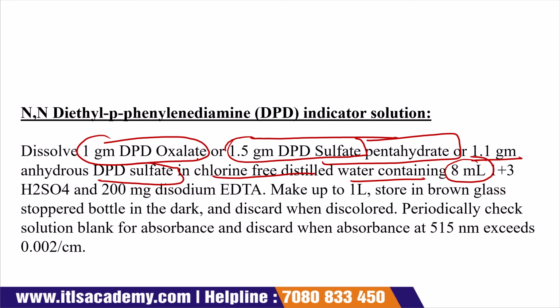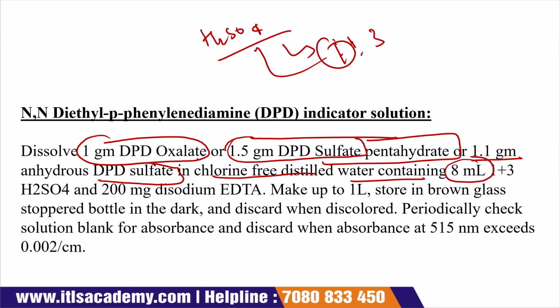Now you have to prepare a dilution of H2SO4 in the ratio of 1:3, which means that if we take 1 ml of H2SO4, then we take 3 ml of distilled water, and along with it we take 200 milligram of sodium EDTA. Then we make up the volume to 1 liter with distilled water. Then we store it in a brown glass stopper bottle in the dark, and discard when discolored.